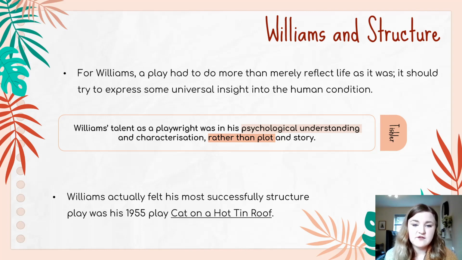And Williams himself actually felt that his most successful structured play was his 1955 play Cat on a Hot Tin Roof, which I would suggest checking out at some point and comparing these two structures.